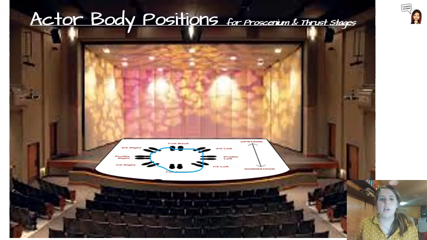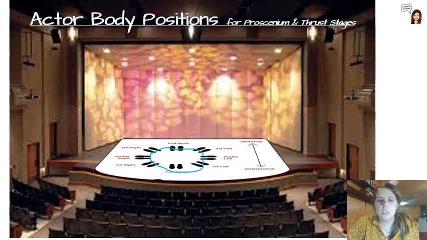So we're going to talk first about the full positions. If we were to visualize this circle, these are full positions. There are no angles. The entire body is facing one way.